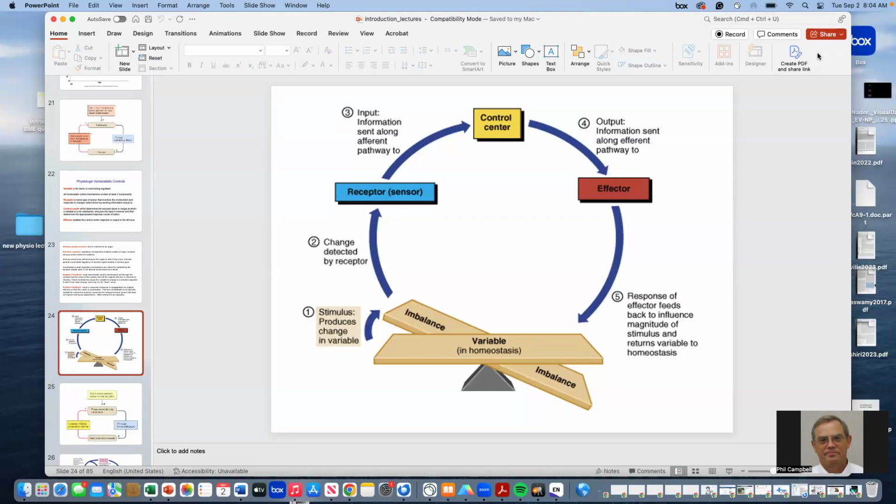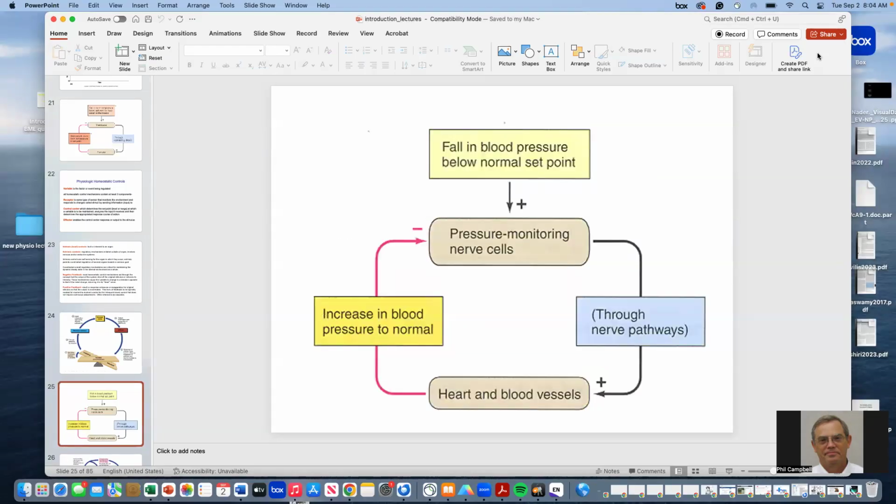If you have some issues with that, this is an older traditional way where you have a loop system. Again, you have your variable, you have your receptor, process, and basically, in this particular example, you're maintaining blood pressure. So you have two sets of receptors which are measuring pressure. They're baroreceptors.